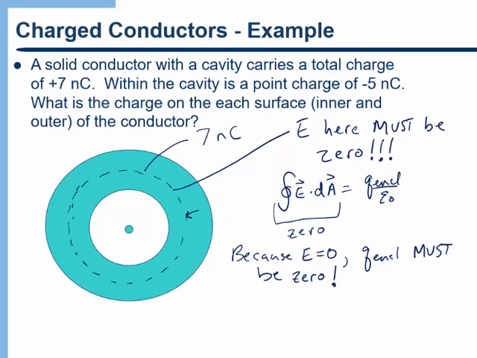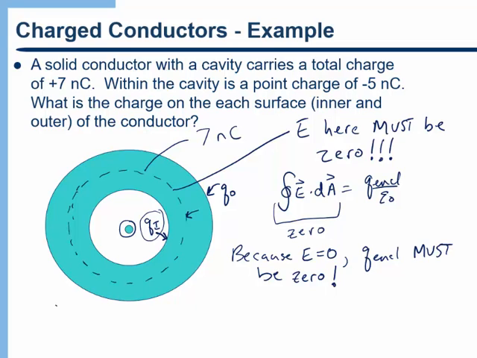The total charge inside my Gaussian surface that I can draw anywhere within the conductor has to be 0. So if I call the charge on the inner surface Qi and the charge on the outer surface Qo, what we know is that this charge plus whatever is on that inner surface has to equal 0.